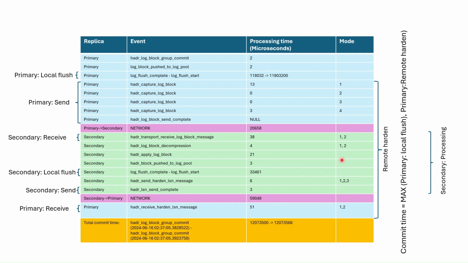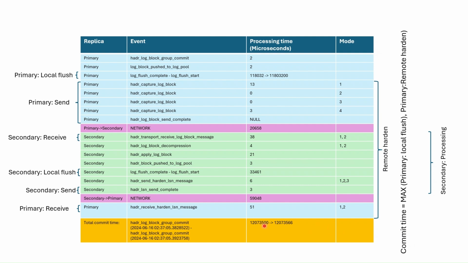Remote harden is the time spent sending log blocks to the secondary replica and receiving the associated LSN harden message back from the secondary replica. Also, there is commit time, where the max of primary local flush and remote harden is chosen. This helps to identify the average time for transactions to commit on the primary replica.